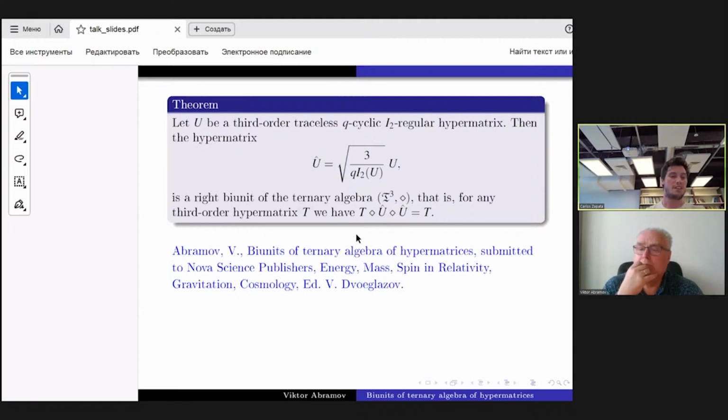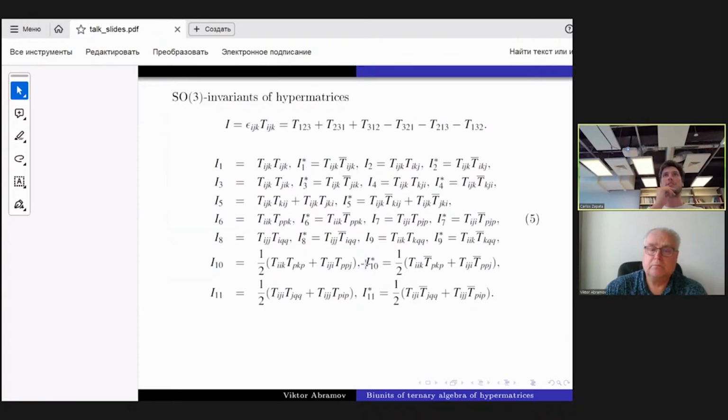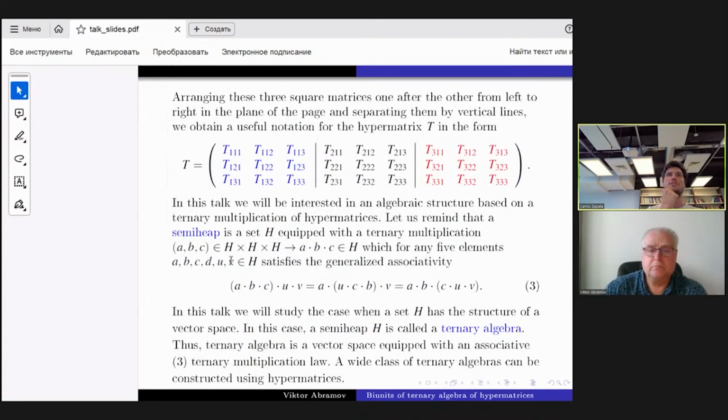Yes. So a di-heap. A semi-heap is an algebra like the ones that have been shown here, with the bi-units. Maybe Victor had the axiom somewhere. Yes, a semi-heap is a set equipped with a ternary multiplication, which satisfies the generalized associativity of this kind.